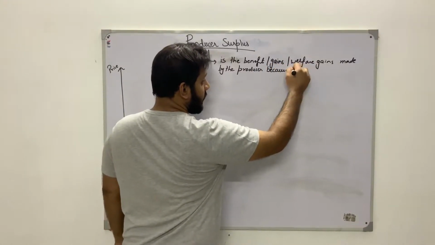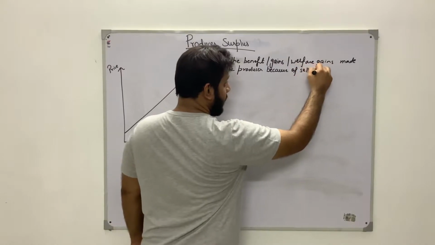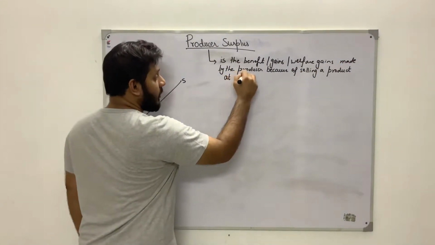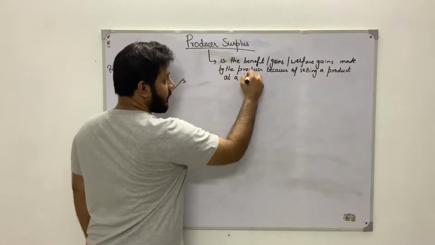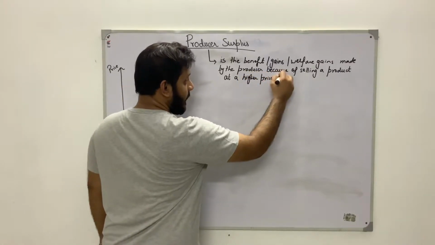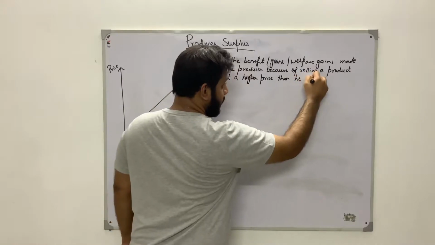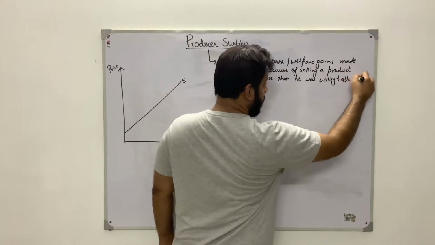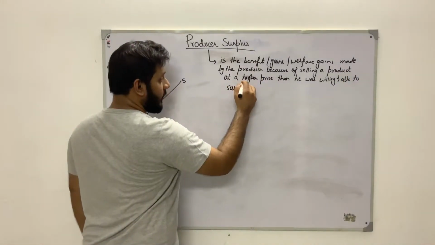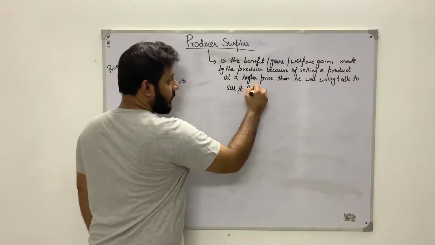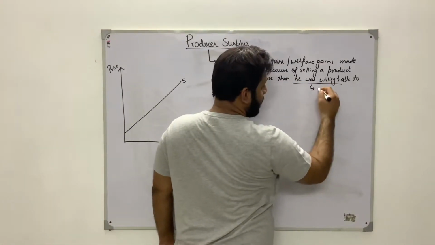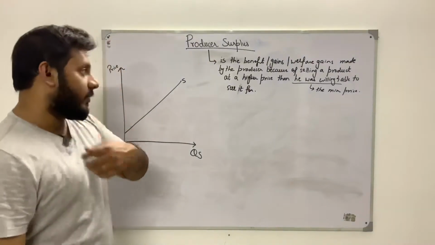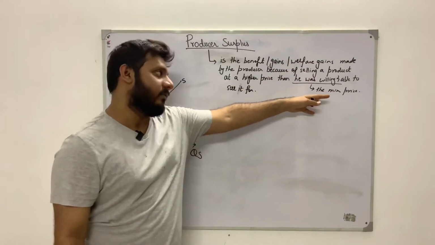Because of selling a product at a higher price than he was willing and able to sell it for, as in the minimum price he was willing and able to sell it for.